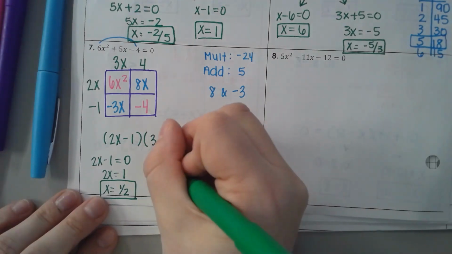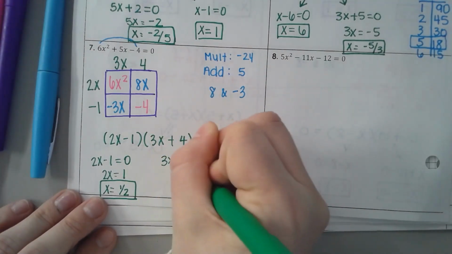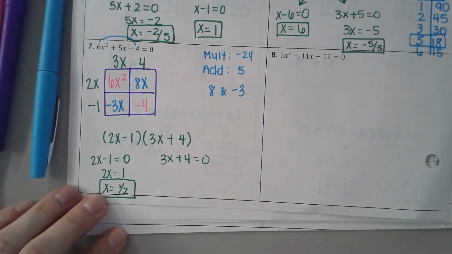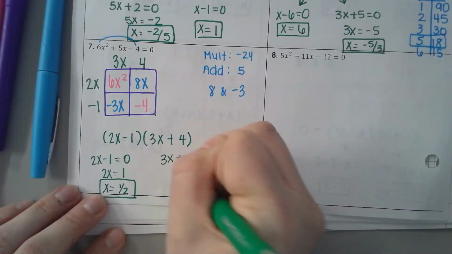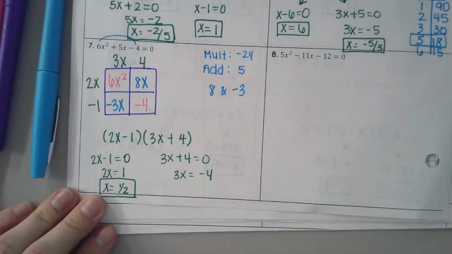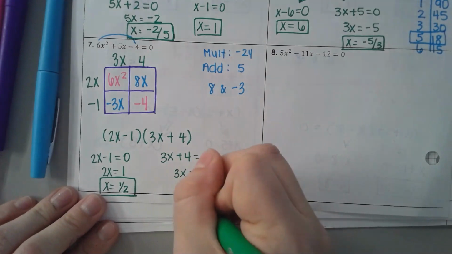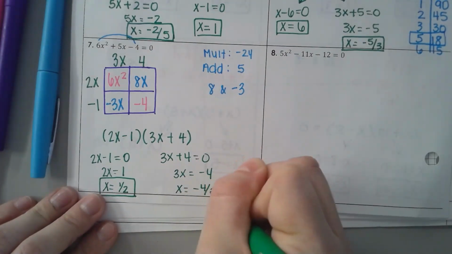And then 3x plus 4 equals 0. 3x equals -4. I subtracted 4. And then dividing by 3 gives me -4/3.